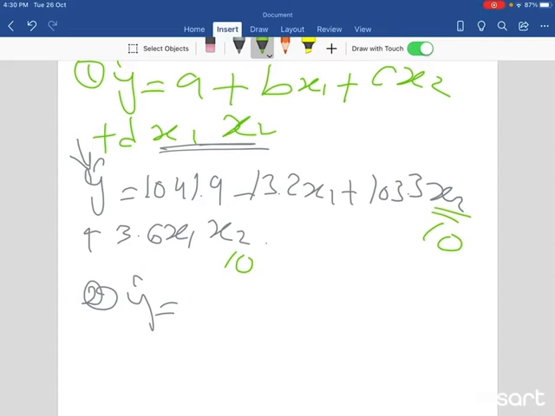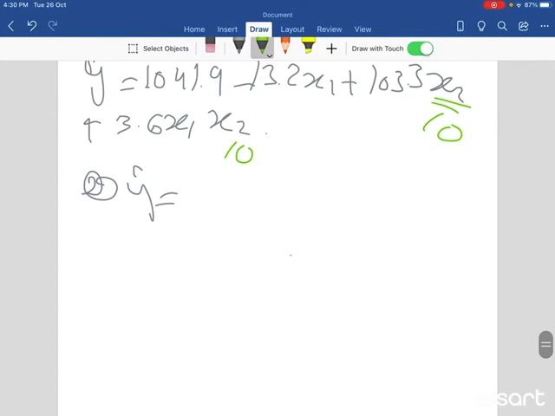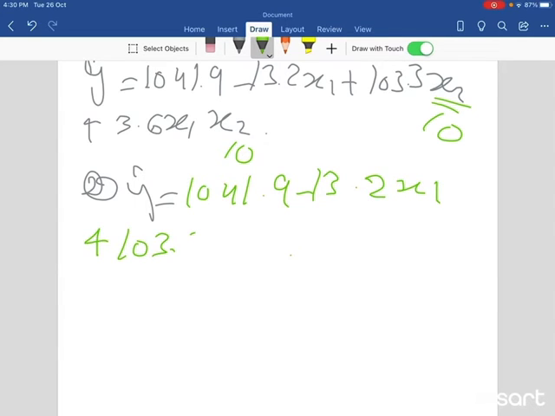So what will it become? y equals 104.9 minus 13.2 x1 plus 103.3 times 10, which is the x2, plus 3.6 x1 times 10.